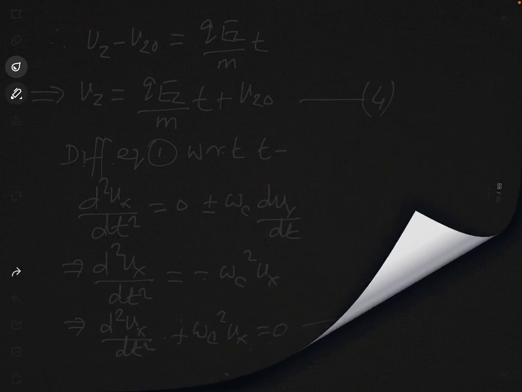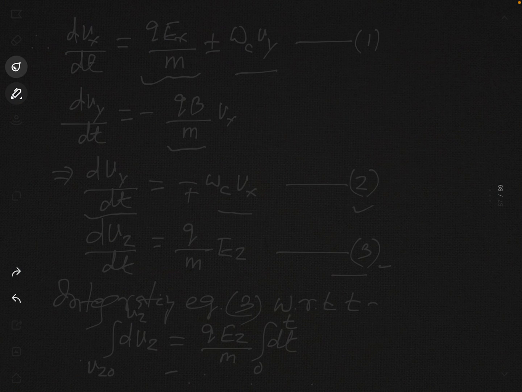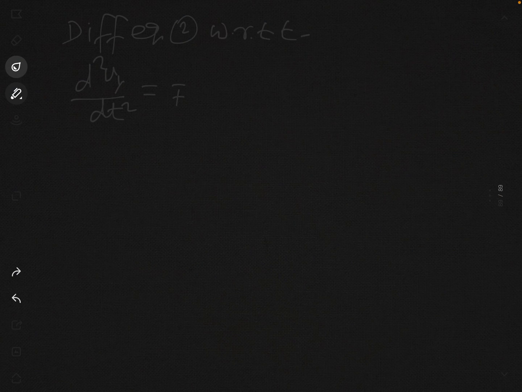This will be d2 Vy by dt square, and this is equal to, you can see equation 2 here, minus plus omega c dVx by dt.